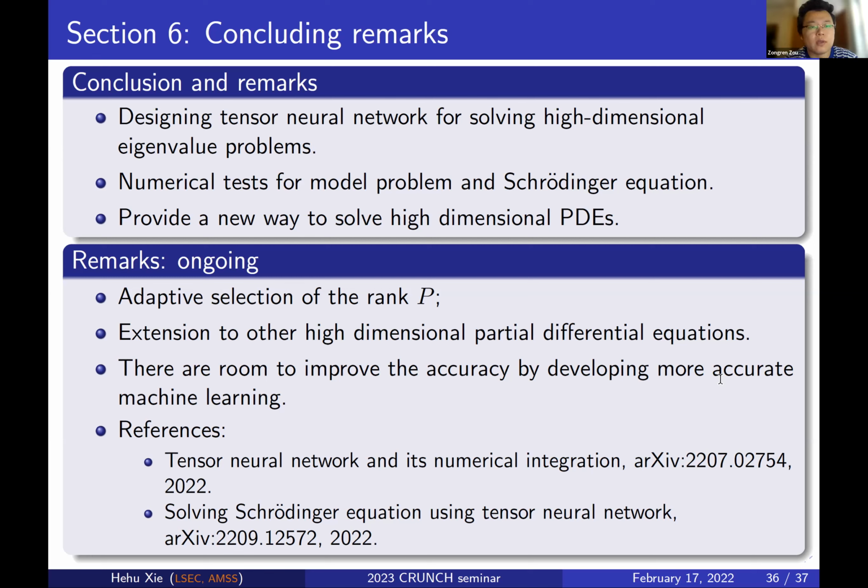Nat, do you want to ask something? Sure. I'm Nat Trask from Sandia National Labs. We looked at a similar problem for quadrature for tensor product networks.